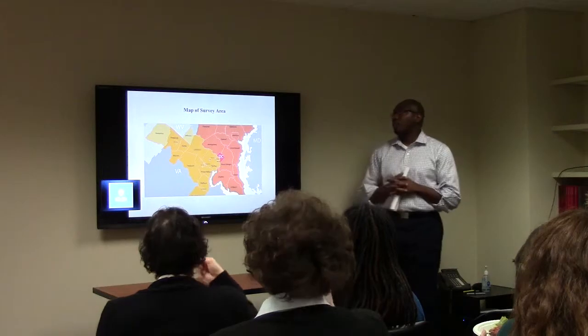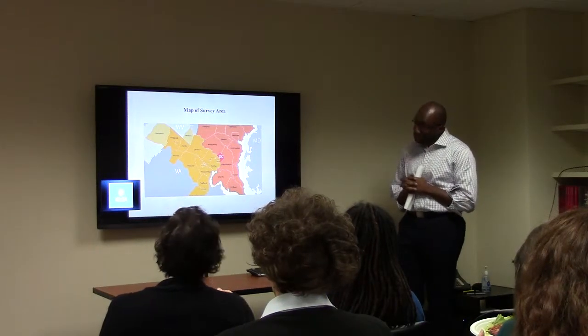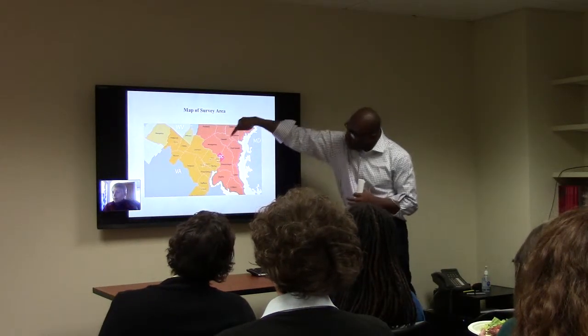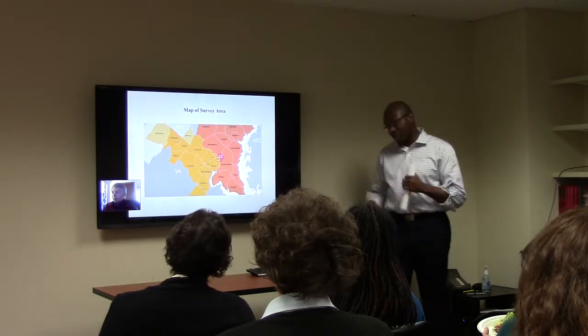This is the map of the survey area, and the NIH is somewhere here in Montgomery County.